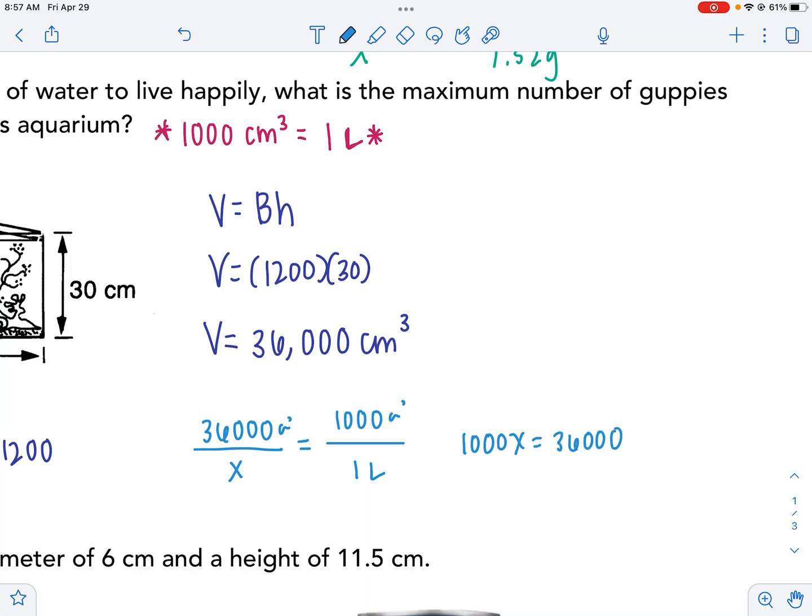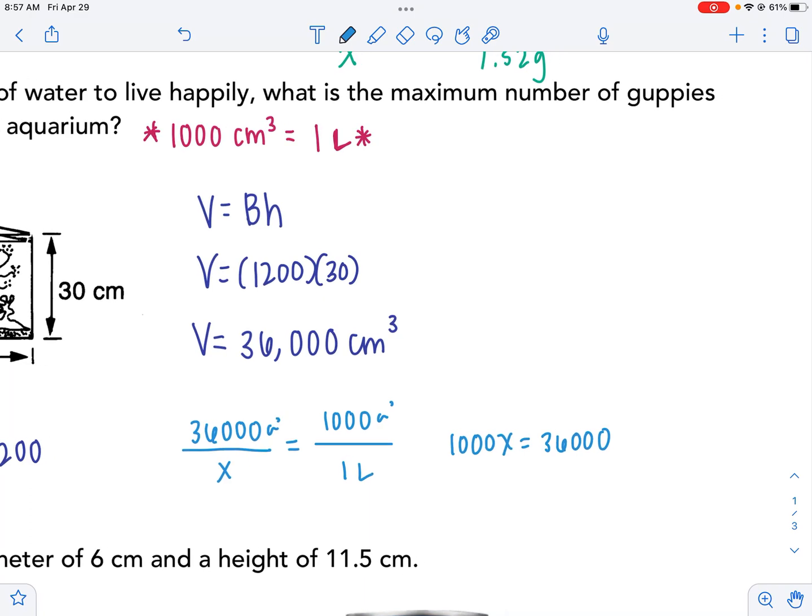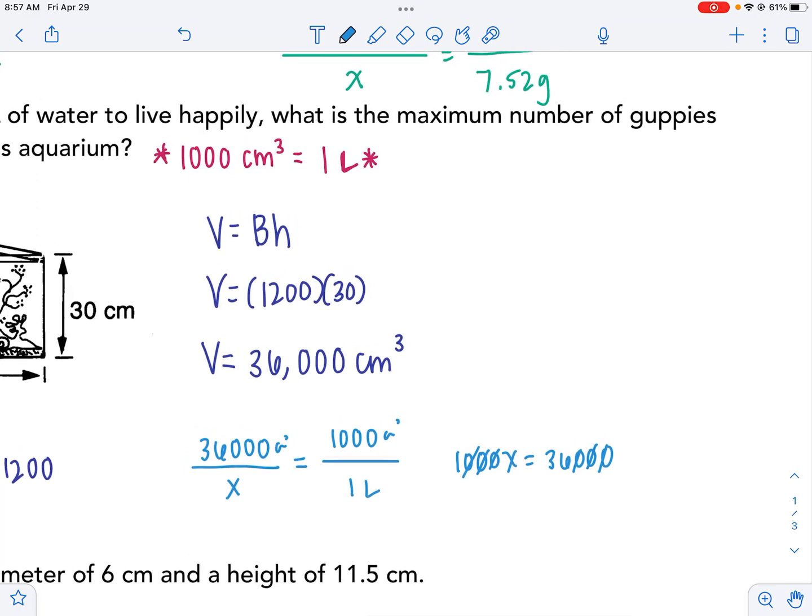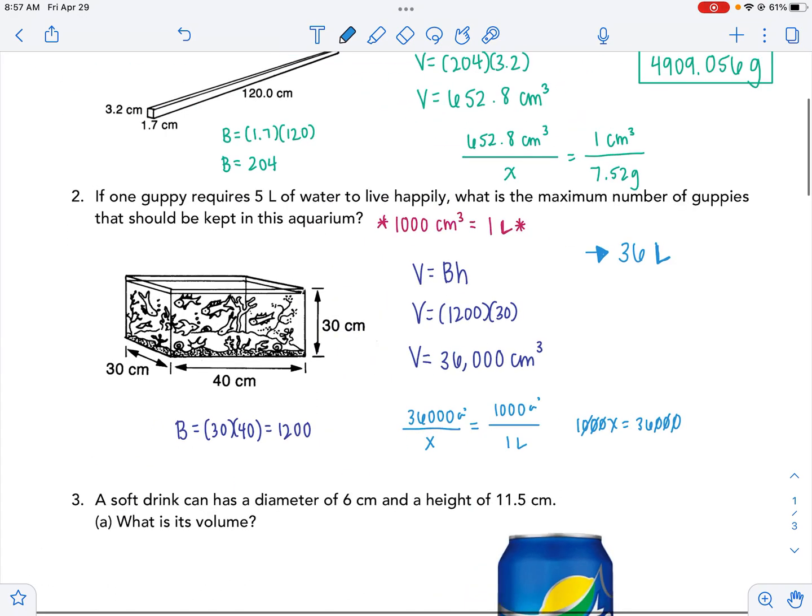This is a problem where I would divide. So I wouldn't multiply to figure out the liters, I would end up dividing. So 36,000 divided by 1,000 is pretty much just take out all of those zeros. So X would equal 36. So I have 36 liters in this aquarium. So I had to use the volume and then convert from centimeters cubed to liters.